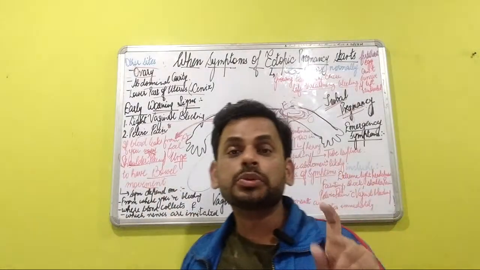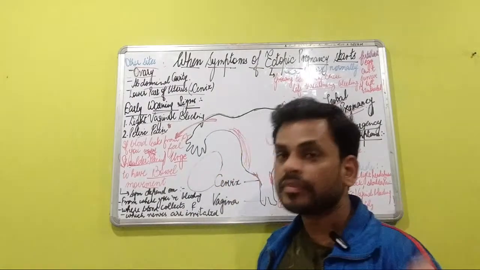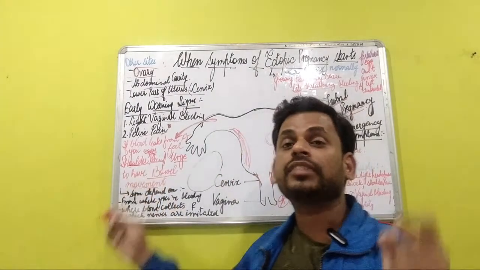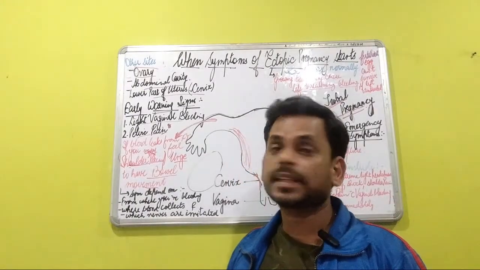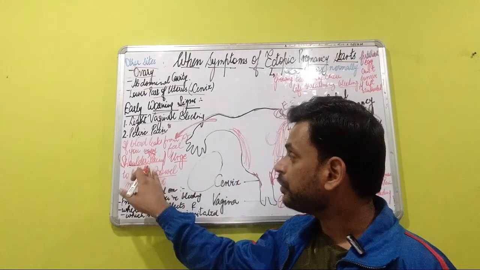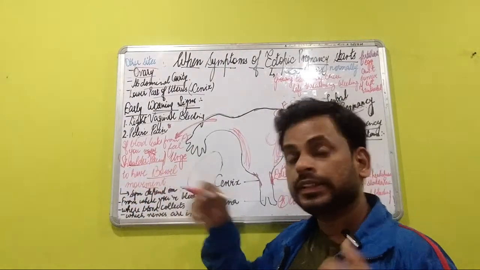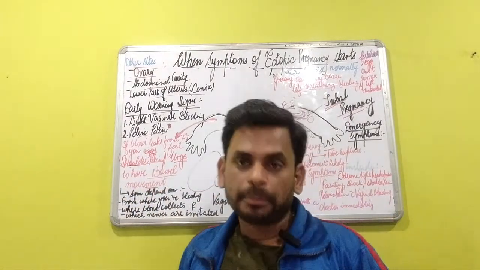So these are the two earliest warning signs. Firstly, if the bleeding is there from the fallopian tubes during a tubal pregnancy, she can have shoulder pain. Apart from this, she can have the urge to have bowel movements.